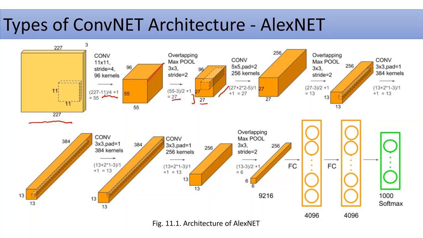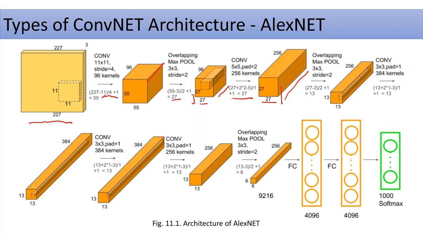So we'll again apply the formula, which is (27 plus 2 into 2 minus 5) by 1 plus 1. So that's just (n plus 2p minus f) by s plus 1. So we get it is equal to 27. So we get a height and the width as 27 by 27. And we are using 256 such kernels, which will give us the depth of the image.